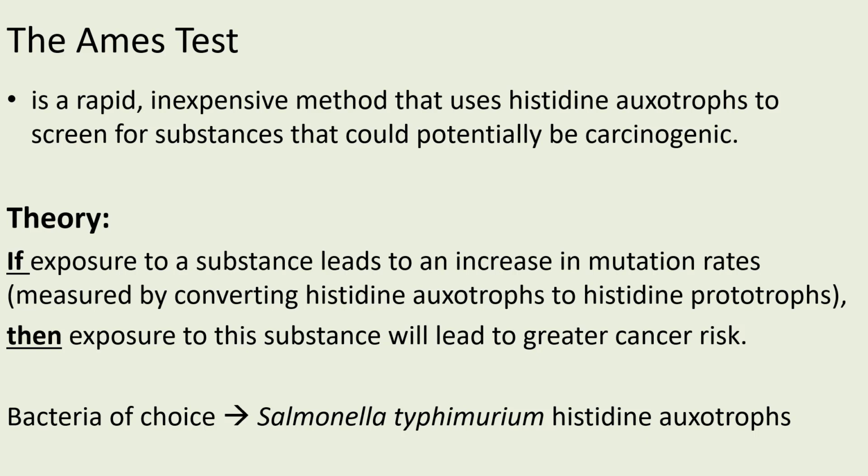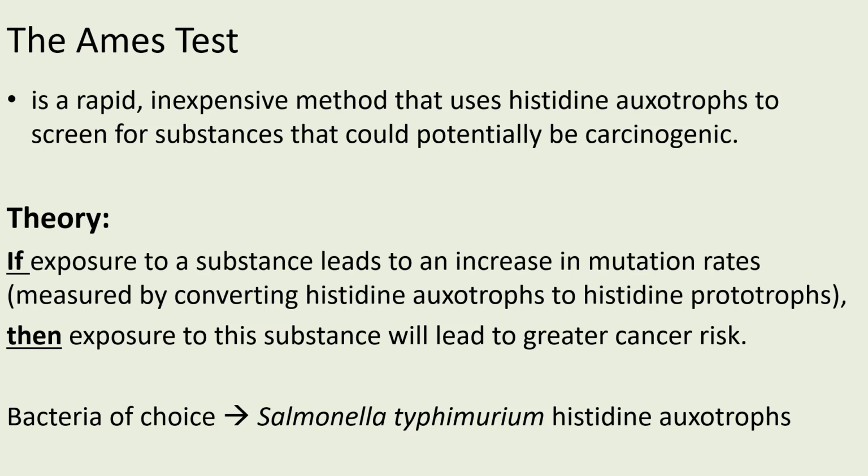Now the theory that is basically the basis of this Ames test is that if exposure to any given substance leads to an increase in mutation rates, then the exposure of this substance will also lead to a greater cancer risk. Now remember, we're going to measure this increase in mutation rates by the conversion of histidine auxotrophs into histidine prototrophs.